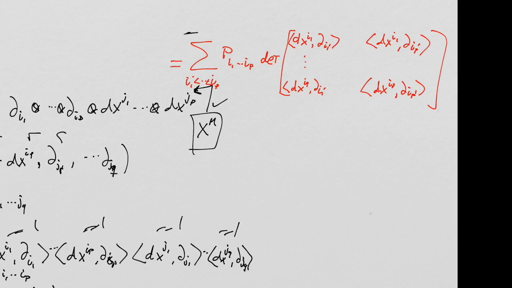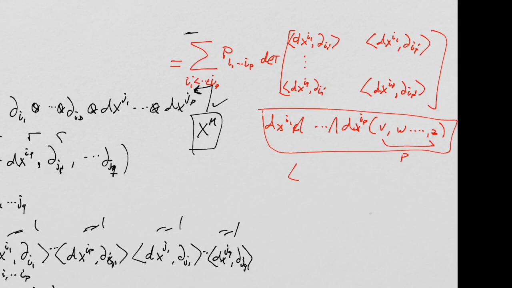So this determinant is what dxi1 wedge through wedge dxip acting on any vector v, w, say z, where there's p of them, is always going to equal: dxi1 to v through dxi1 to z, all the way down to dxip to v through dxip to z, where you fill in all the letters in the rest of the matrix.